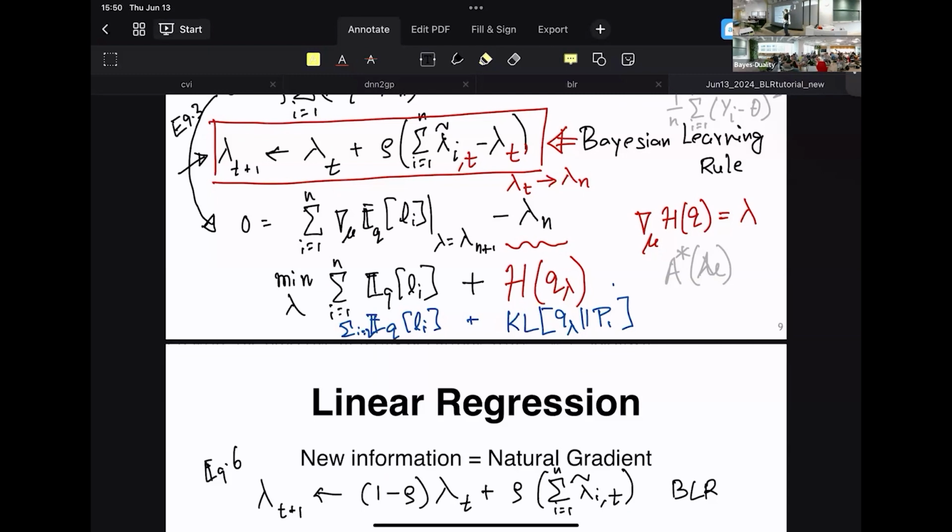You can write the loss to be anything, and you can see lambda tilde as a natural parameter. The thing in the red box is exactly how you update it, but it only applies in the conjugate case. To get outside the conjugate case, you replace lambda tilde with the gradient. That's another way to think about it.